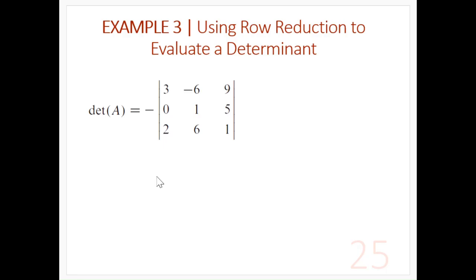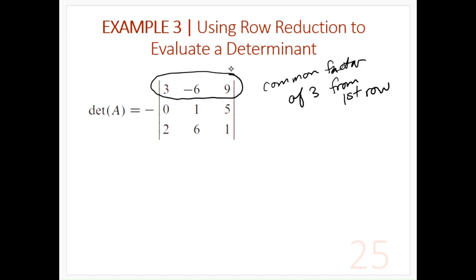So then, now that we have this form, the next thing we're going to do to reduce this even further to row echelon form is that we can take out a common factor of 3 from the first row. So we have the new determinant that's going to equal a negative 3.